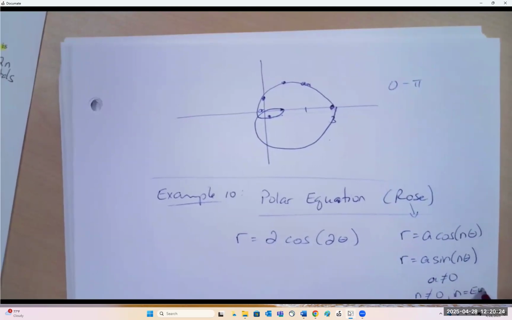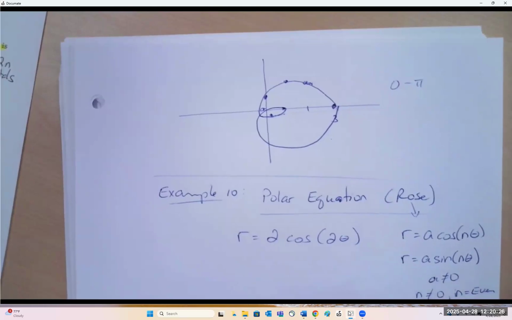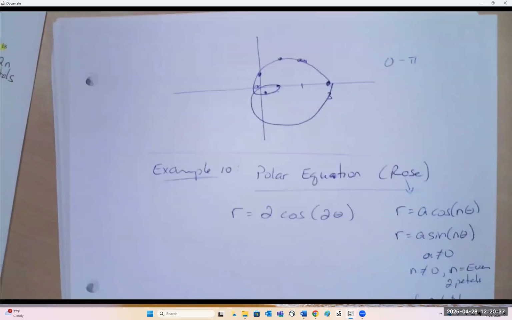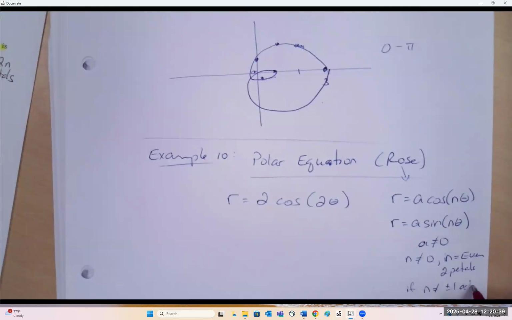If n is even, it has 2n petals. If n does not equal plus or minus 1 and it's odd, it has n petals.